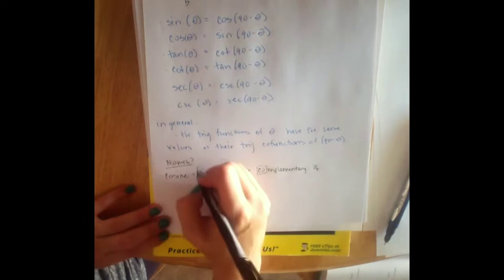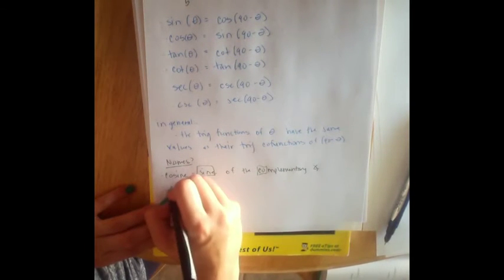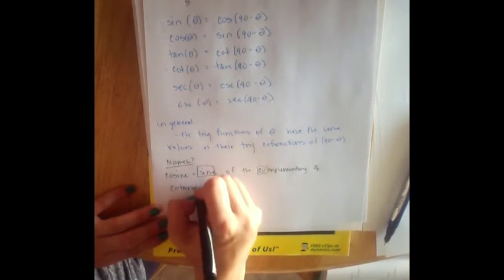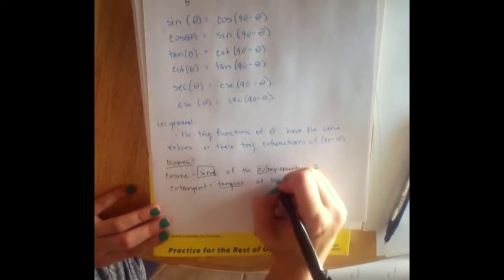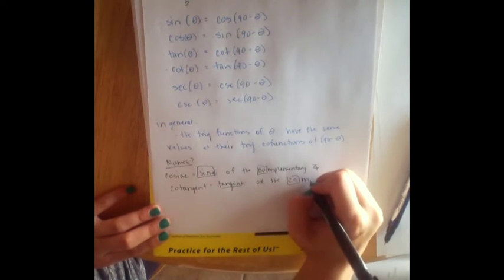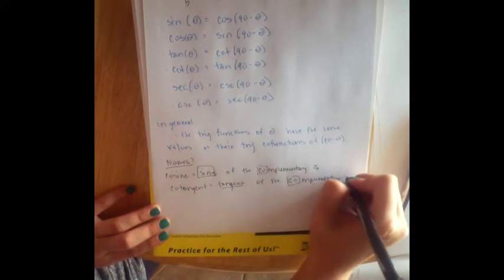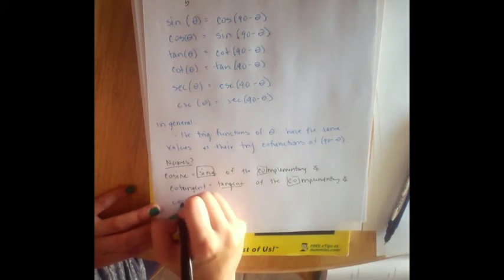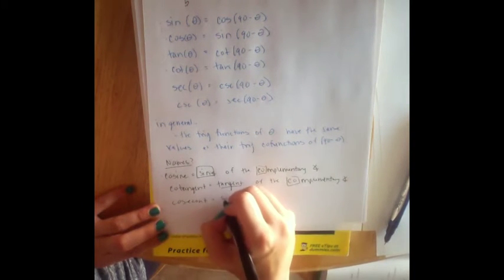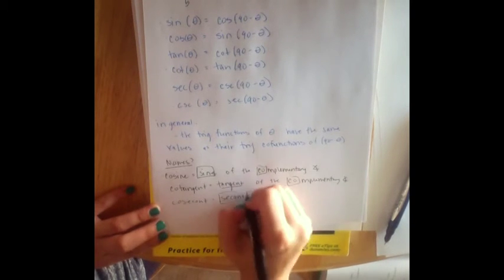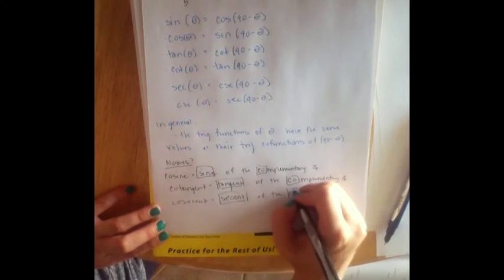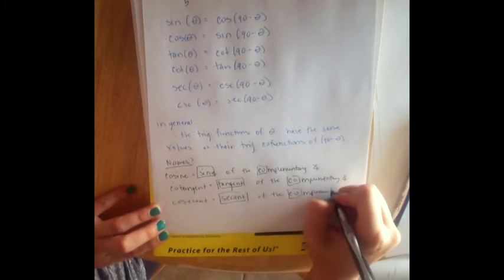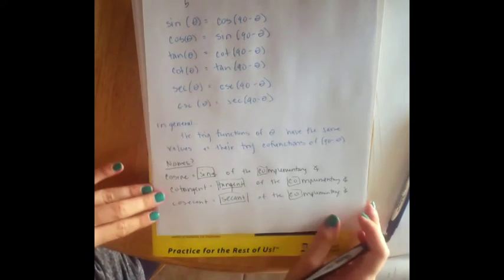We have the CO and we have the sine. Cotangent is the tangent of the complementary angle, and cosecant is the secant of the complementary angle. Okay, really good way to help you remember this.